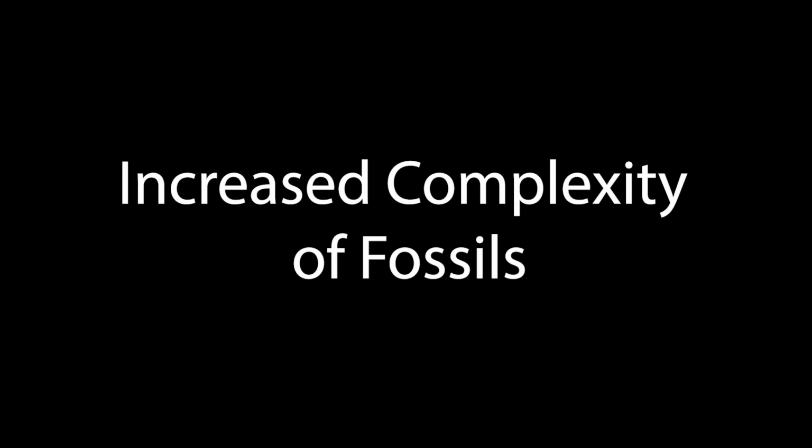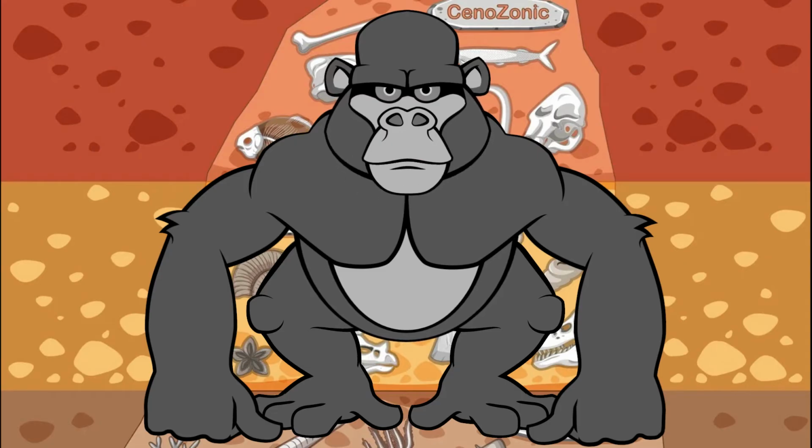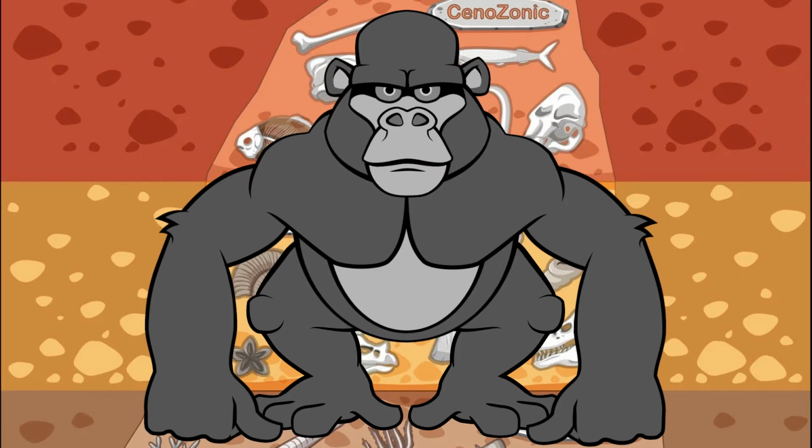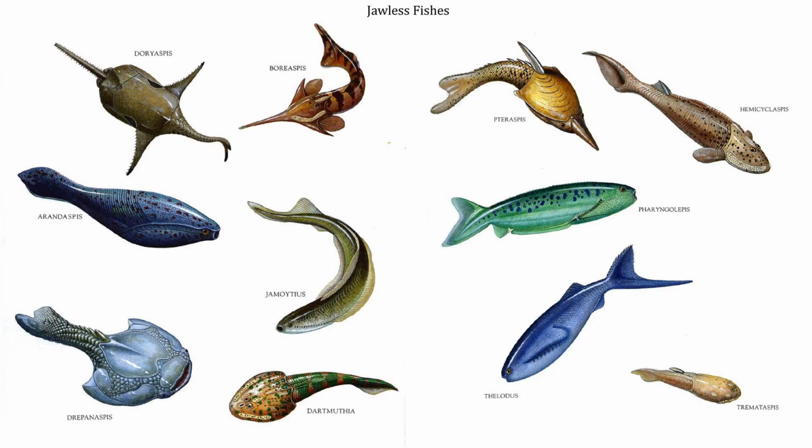Increased complexity of fossils. Scientists find that more recent rock layers contain fossils that have more complex bodies and physical features than earlier fossils. Multicellular organisms first appeared in the fossil record more than 600 million years ago. Jawless fish appeared in the fossil record about 500 million years ago.